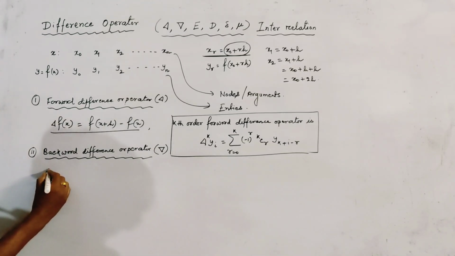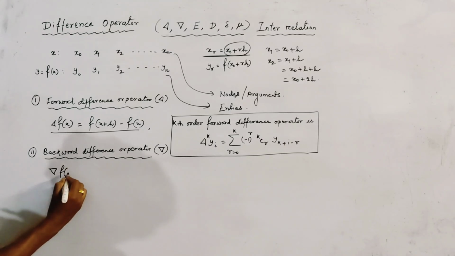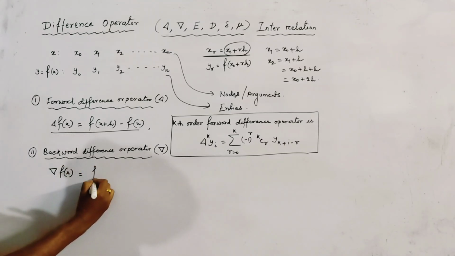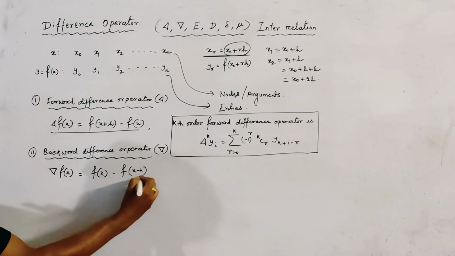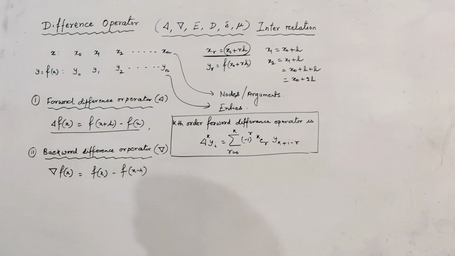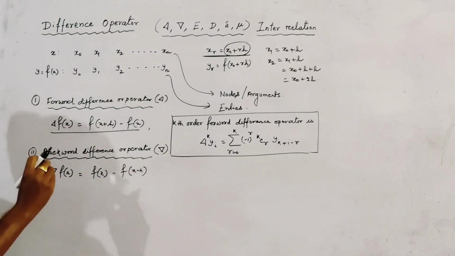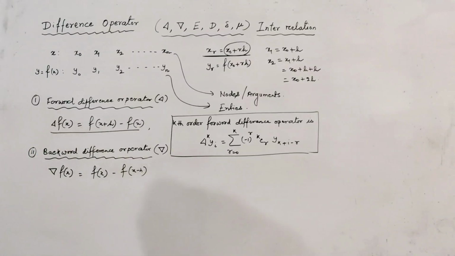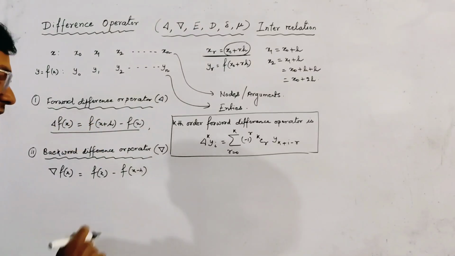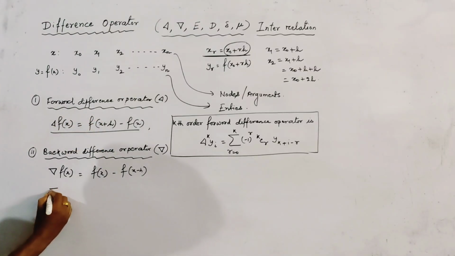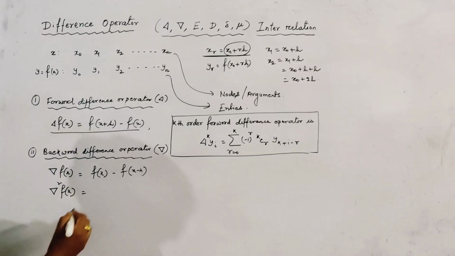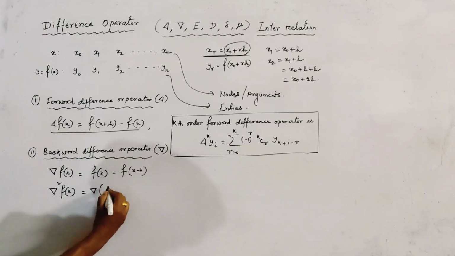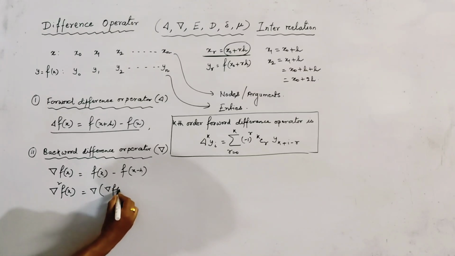The backward difference operator nabla f of x is defined by f of x minus f of x minus h. Now if we wish to define the second order backward difference operator, then we get nabla square f of x, and this is nabla of nabla f of x.